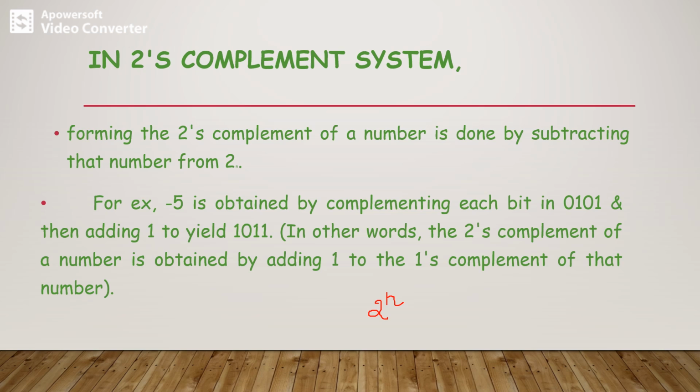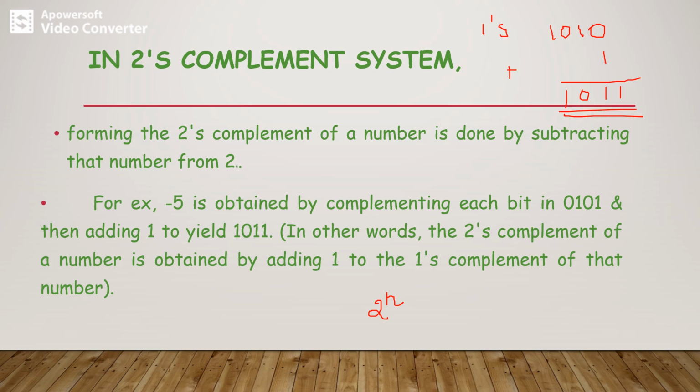So in the case of the 1's complement of 5, we already have it as 1 0 1 0. So you can add plus 1 to the 1's complement of 5 in order to get the 2's complement of 5. So that is 1 0 1 1.